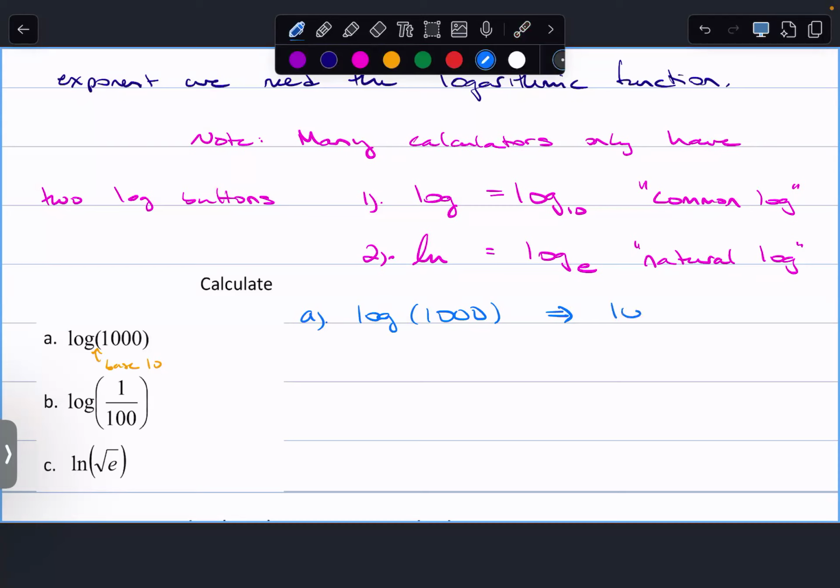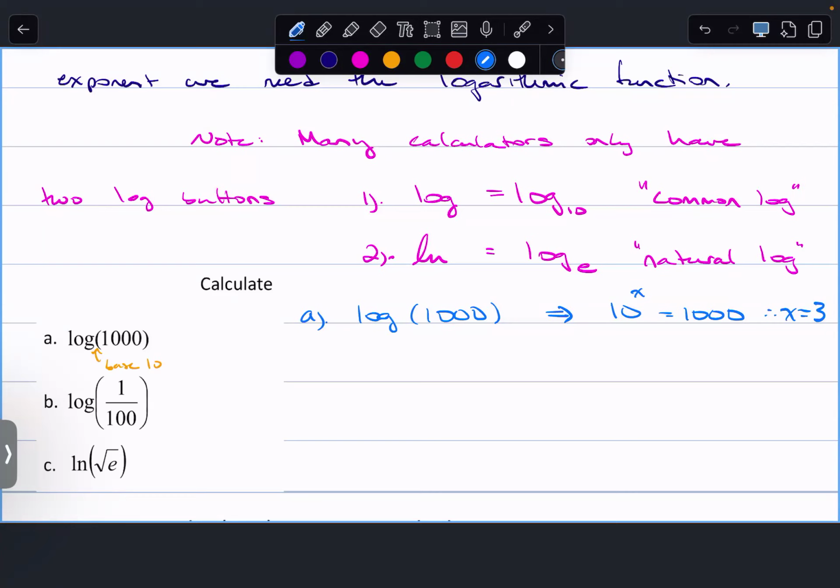So this has to be 10 to the power of x is equal to 1,000. Let's try it. 10 to the power of 2 is 100. 10 to the power of 3 is 1,000. Therefore, x is 3. So when you do the log base 10 of 1,000, you should get 3.